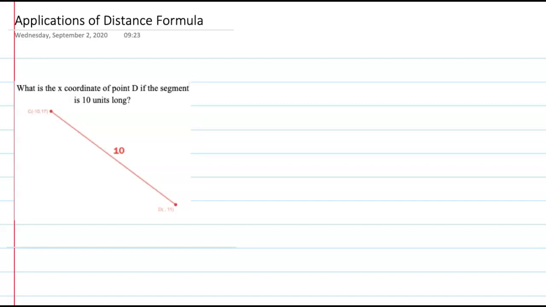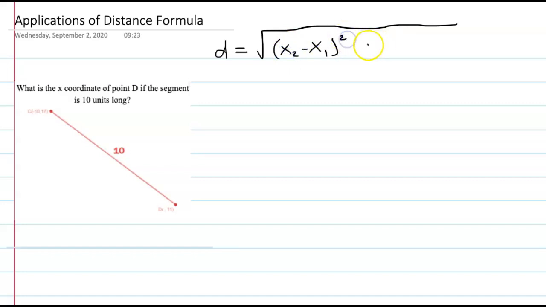So I'm going to write our distance formula at the top here just to remind us. So our distance formula is the square root of x2 minus x1 quantity squared plus y2 minus y1 quantity squared.